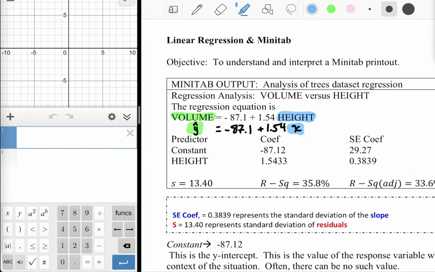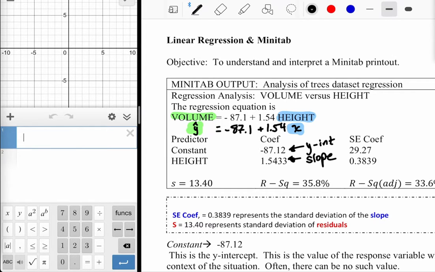But then you see the relationship between constant and your y-intercept, height and slope. So that's exactly what they represent. This is our fixed value, or the y-intercept, and this would be our slope. So just being able to read that information gives you the coefficients of the regression equation. You don't really need the raw data because you have everything you need here.